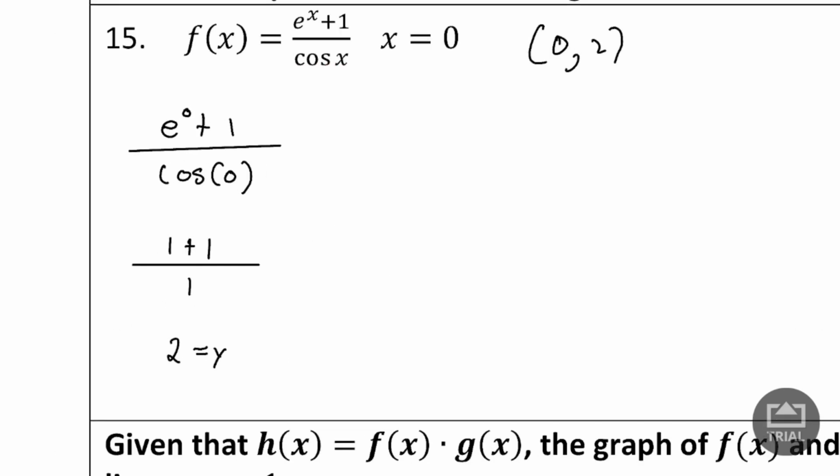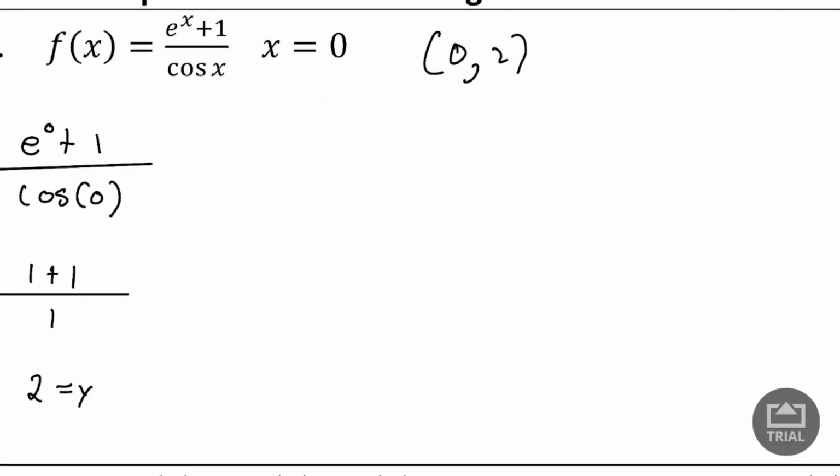Now I'm going to try to get the derivative of this equation. In this case, we're going to use the quotient rule. So it's going to be low d high, which is cosine x times the derivative of e to the x, which is e to the x times 1, which I'm not going to write.